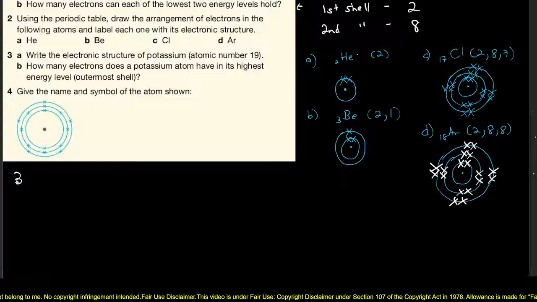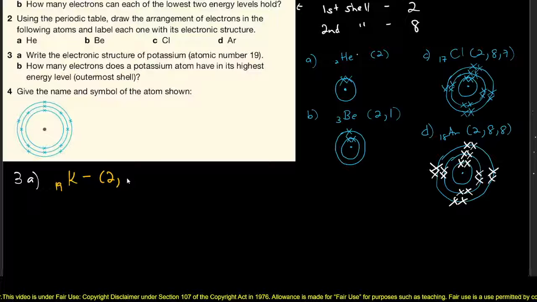In question 3, part A, we are asked to write the electronic configuration of potassium with an atomic number of 19. So from potassium, 2 electrons go into the first shell. Can we fit 8 into the second shell?